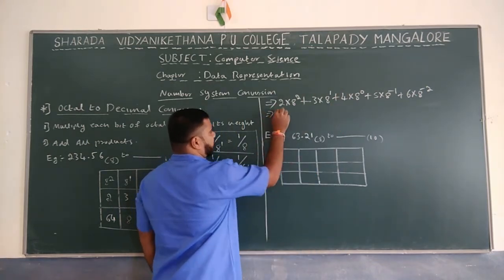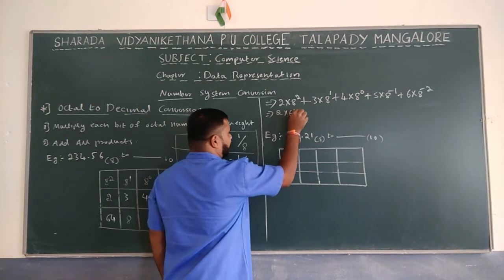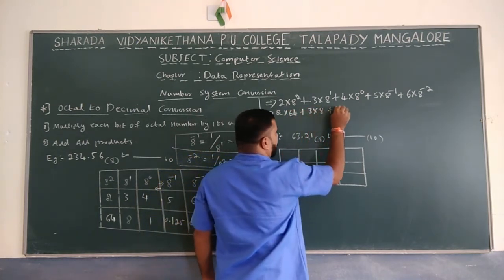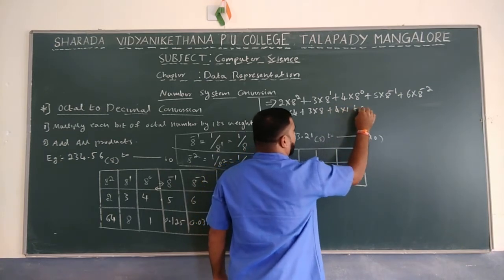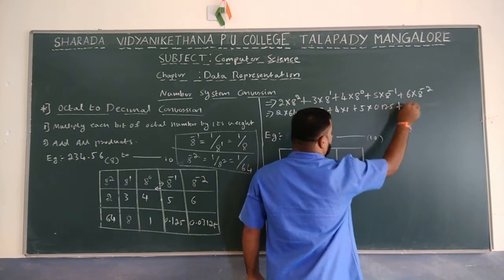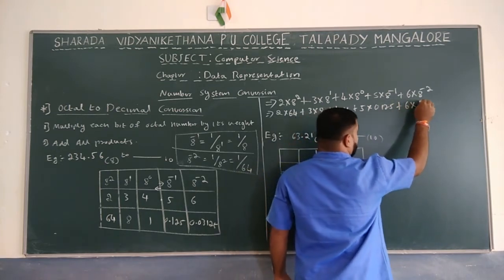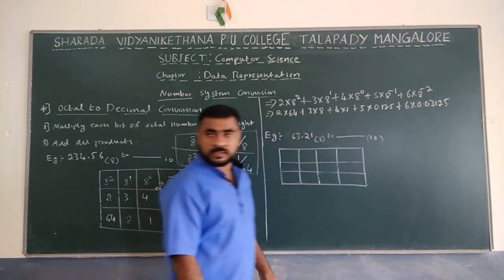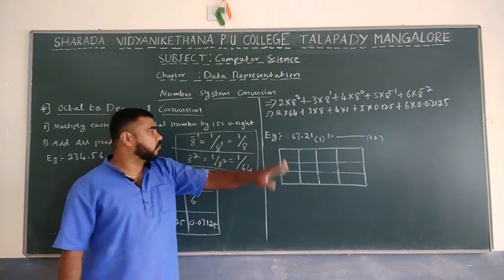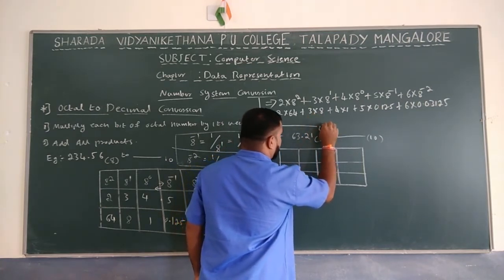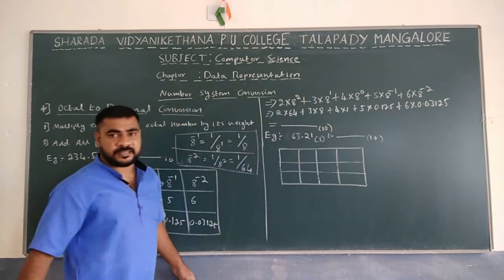When you solve, it is 2 into 64 plus 3 into 8 plus 4 into 1 plus 5 into 0.125 plus 6 into 0.03125. Then going on solving, you will get one decimal number.